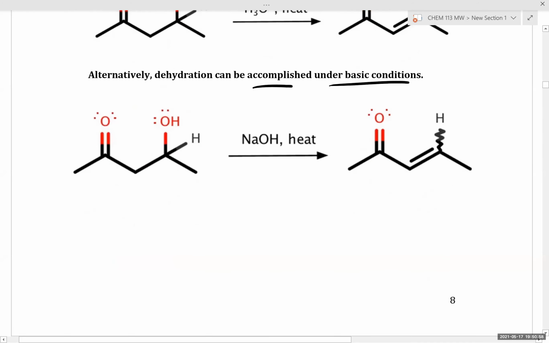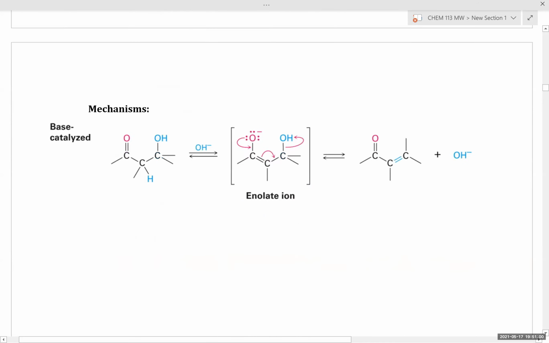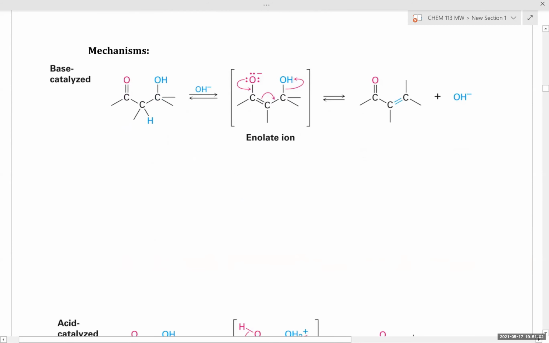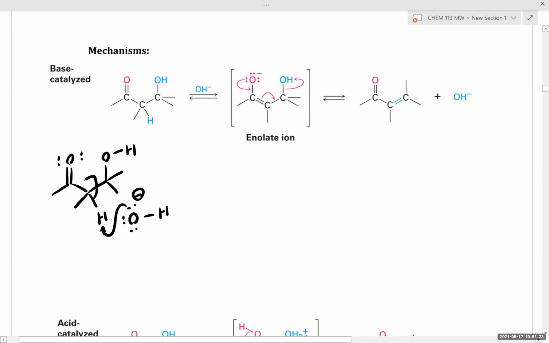So now we're going to talk about the mechanism for the acid catalyzed and the base catalyzed dehydration. Under basic conditions, if we have an excess of base, such as hydroxide floating around, then we can dehydrate via first deprotonation of our acidic alpha proton to generate an enolate.